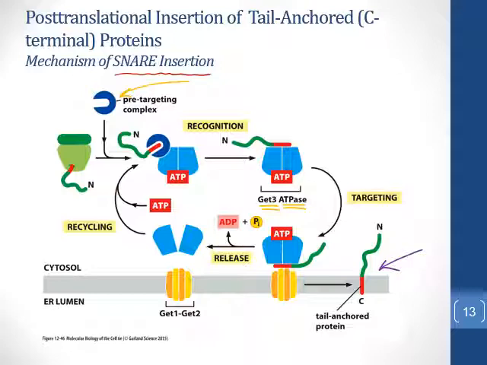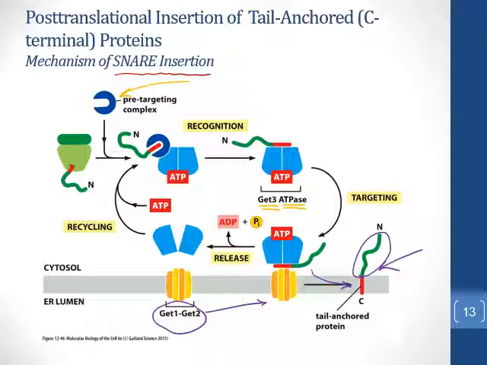Rather, GET3 has a high affinity for some transmembrane proteins on the ER called GET1 and GET2. Here's GET1 and GET2. So GET3 binds to GET1 and GET2. And when it does that, by some unknown mechanism, it hands that protein off to the membrane. Or said another way, it inserts that protein into the membrane with the carboxy terminus inserted into the membrane, which leaves the rest of the protein out here in the cytosol.